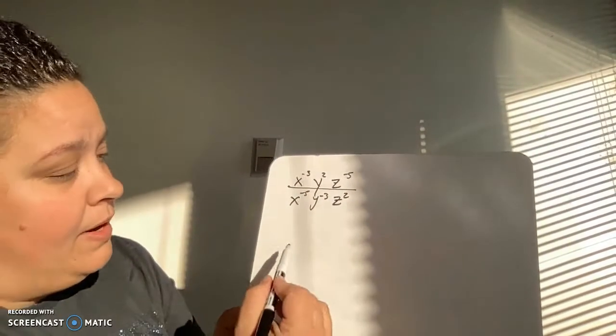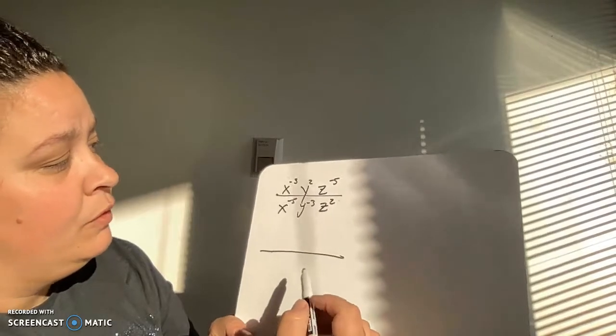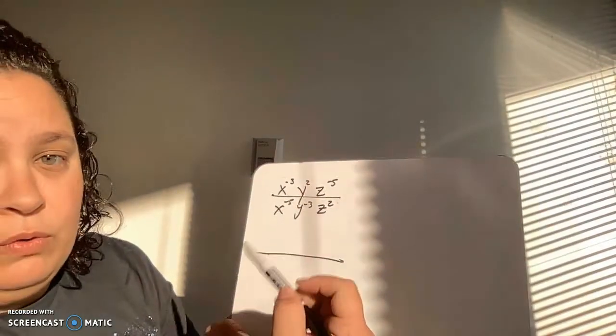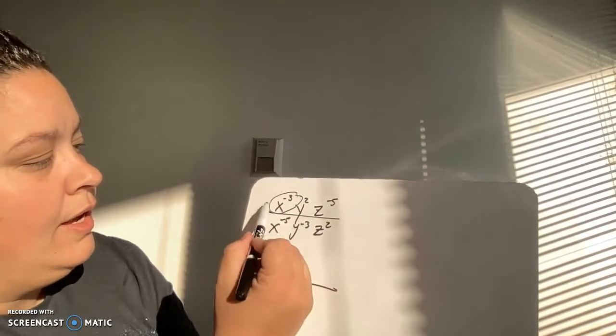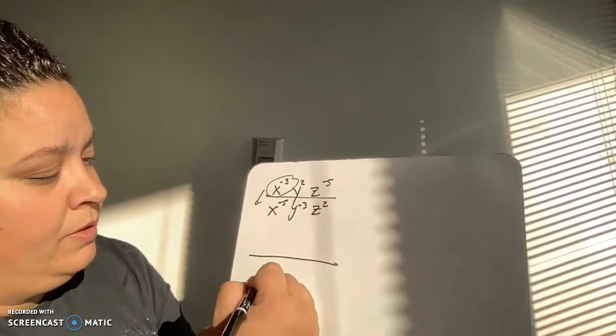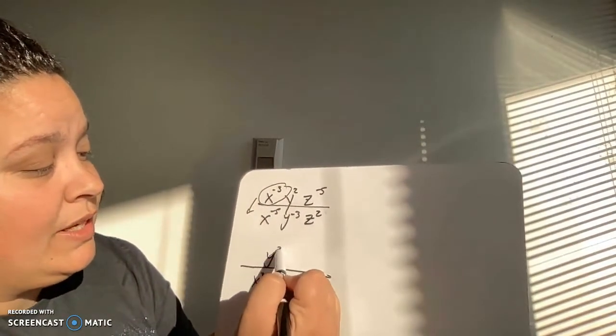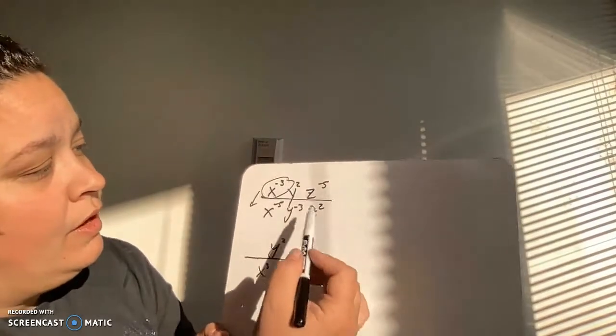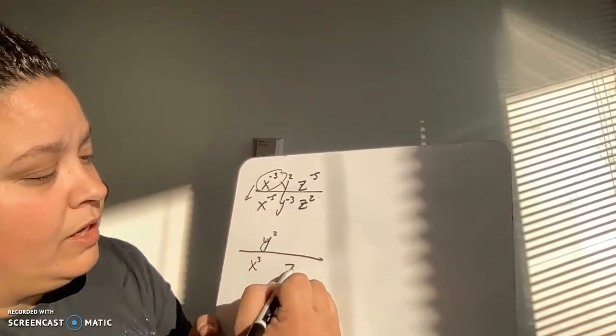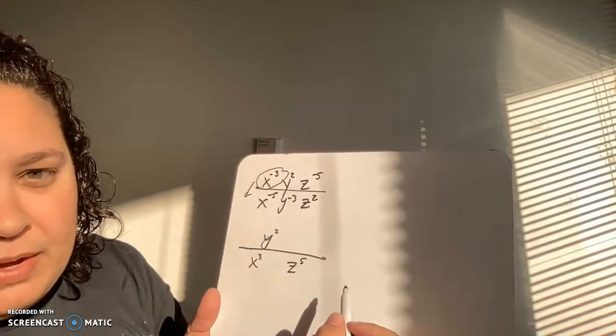I want to get rid of all my negatives. So the very first thing I do is if it's a negative, it moves. So this one is going to move down to the bottom and become a positive. This one is a positive, so it's going to stay exactly where it is. This one's a negative, so it's going to move down to the bottom and become a positive.